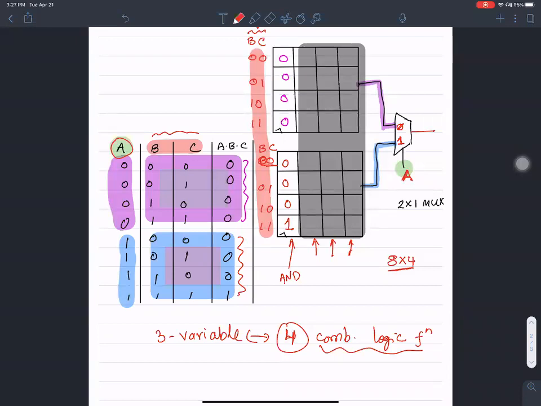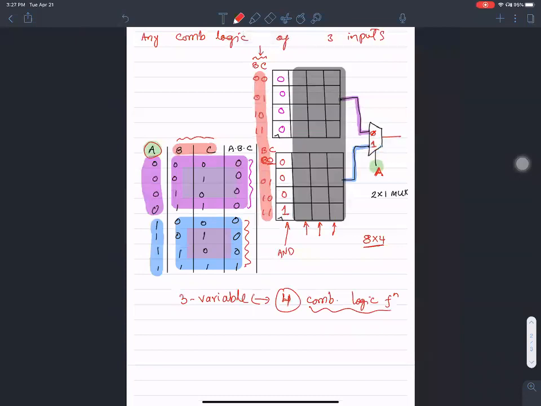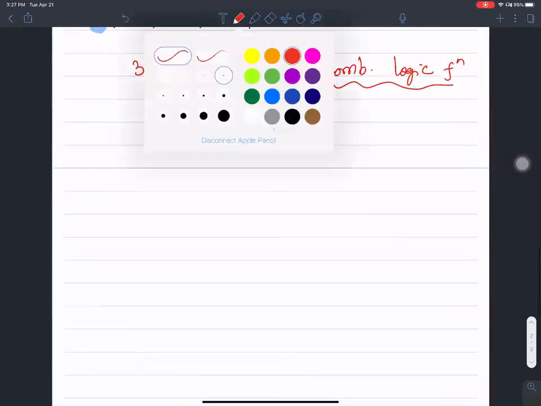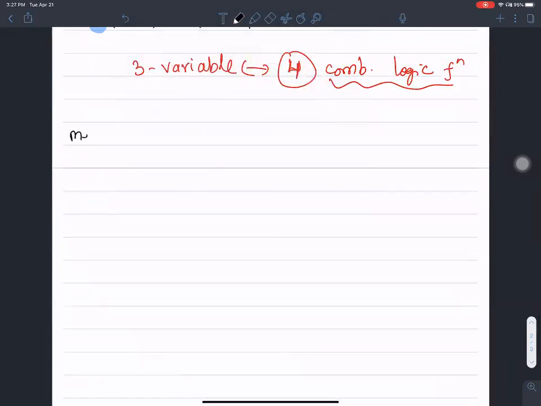I appreciate it. Now, while we are at it, let's talk about the idea of using multiplexers as well. So I trust that you get the idea of using memory as a lookup table to implement any combinational logic.